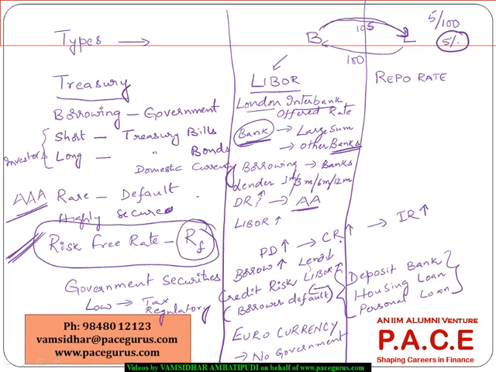When borrowing of a currency is more compared to the lending, the LIBOR for that particular currency is going to increase, otherwise it's going to decrease. So that is one more important interest rate that we typically look at, the LIBOR.